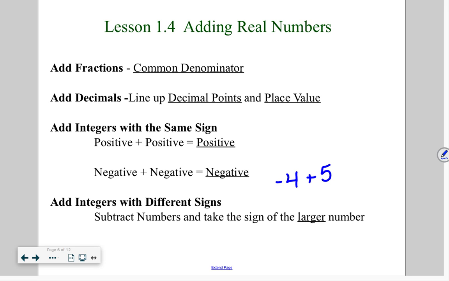One's negative, one's positive, correct? Subtract them. What's 5 minus 4? 1. What's bigger, 4 or 5? 5. It's positive, so my answer is also positive. Okay? Questions on any of those rules that we've had through 7th grade?